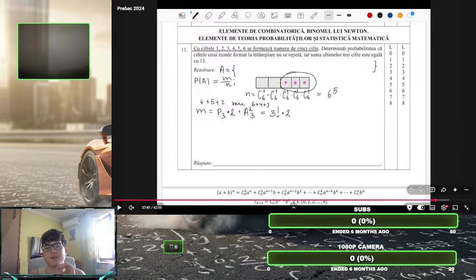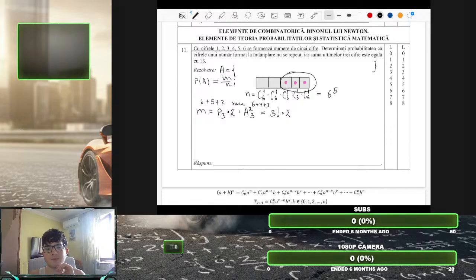Arrangements of 3 and 2, what? Why arrangements of 3 and 2?